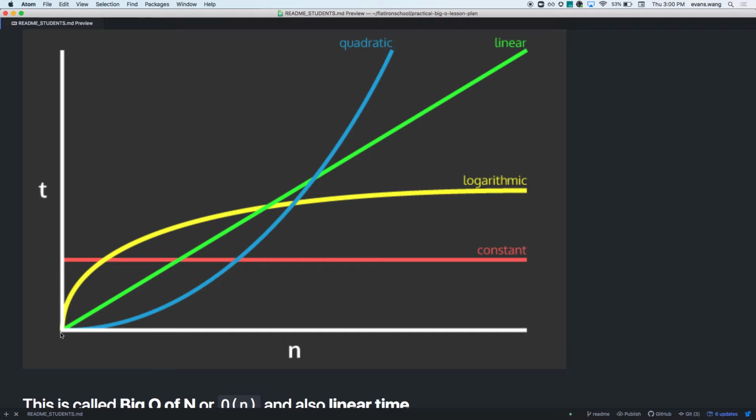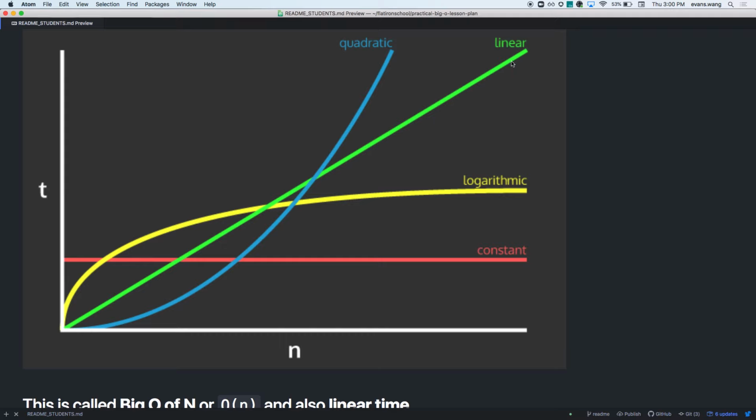If my number of items in my array is 50, that would take me 50, quote unquote, seconds. So it grows exactly in a 1-for-1, and that would put me 50 here and 50 here. It puts me here. But if my items were at 100, that would take me 100 sort of, not really seconds, but like 100 units of time, so to speak. And that puts me here. So you have a direct 1-for-1 correlation, right?